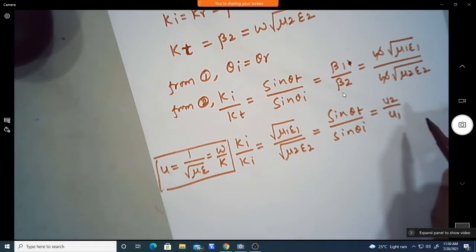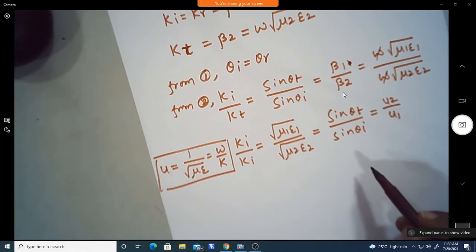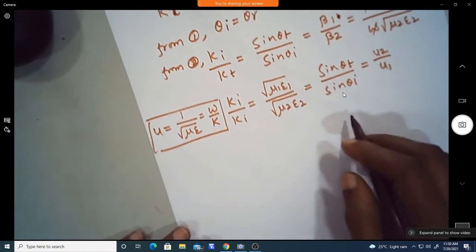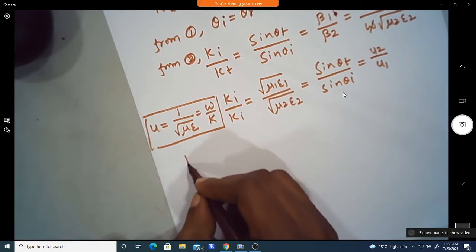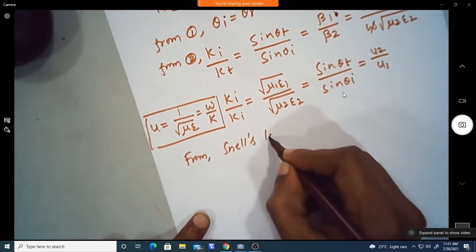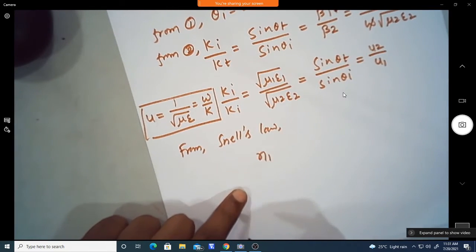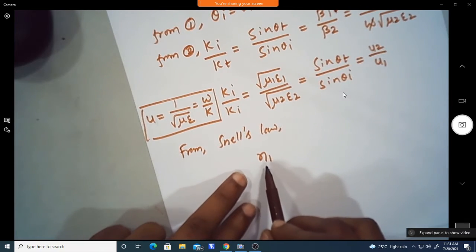So this is with respect to the wave velocities u2 and u1, and the transmitted angle and incident angle. Now we have the well-known equation from Snell's law. We have the refractive index of medium 1, which is n1, not eta 1, so don't confuse it with eta 1.